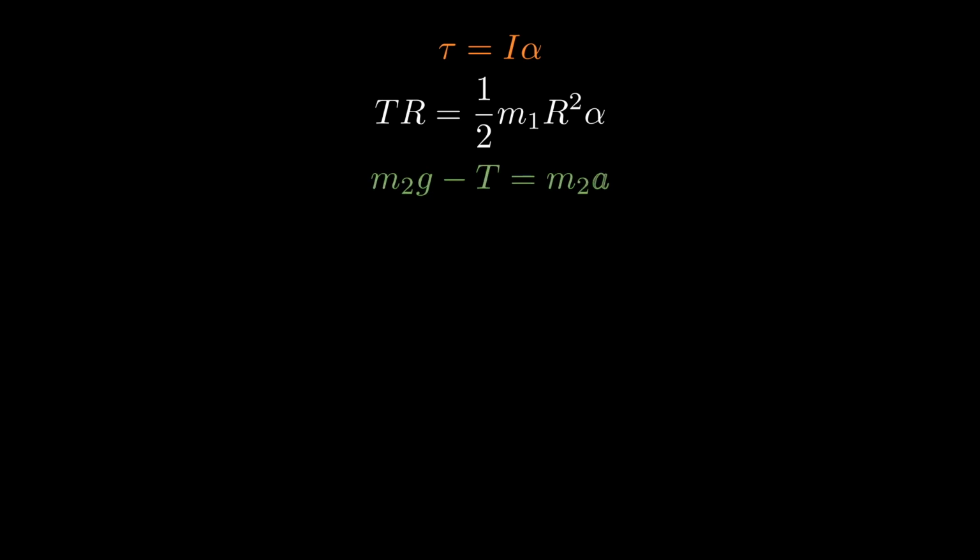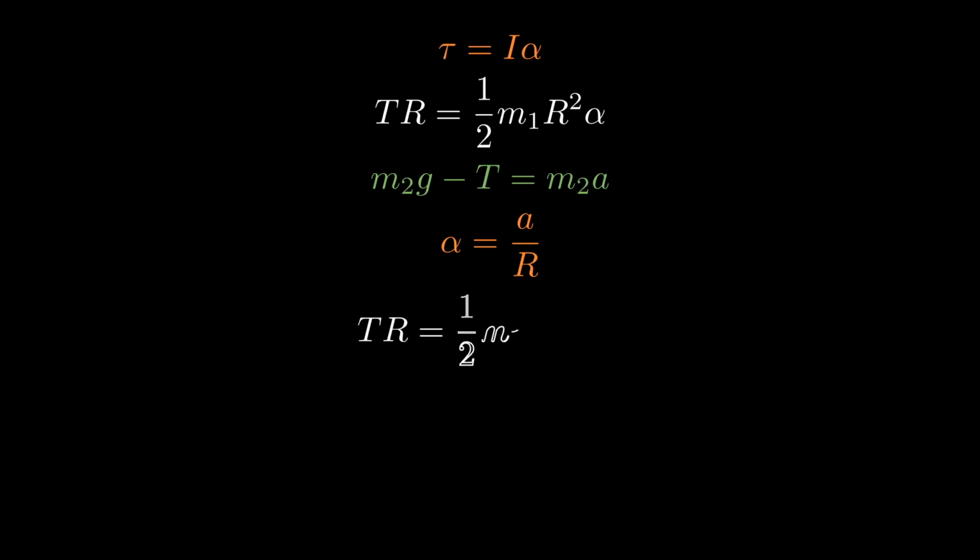And now we can use Newton's second law for the block to write the equation m2g, which is the gravitational force, minus tension equals m2 times a, which is the acceleration. And then we use the relationship that the angular acceleration equals acceleration divided by the radius. Now this is very important. So we can plug this into our equation TR equals 1/2 m1 r squared times alpha.